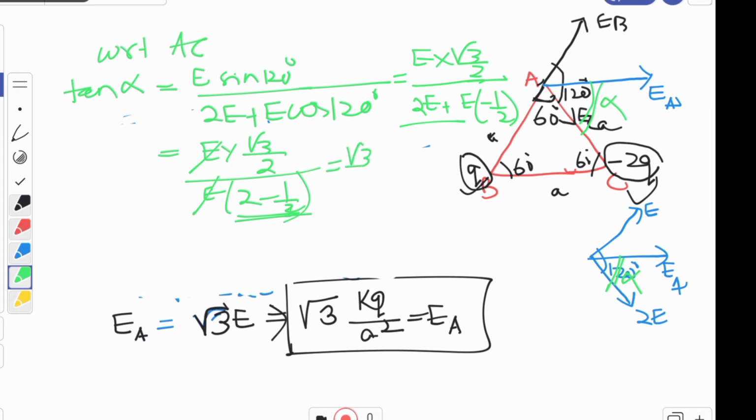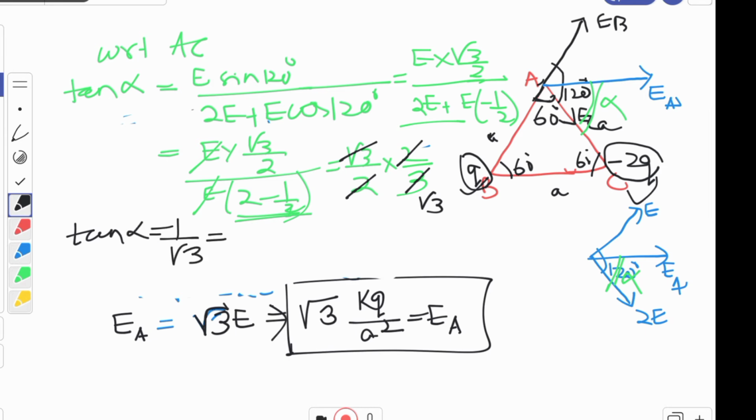So what you will write? Root 3 by 2 into 2 by 3. Simple mathematics, children. Normal calculations, nothing big. So root 3 and 3, how much? Root 3. 2, 2. So that means your tan alpha is equal to 1 by root 3. 1 by root 3 means tan 30 degree.